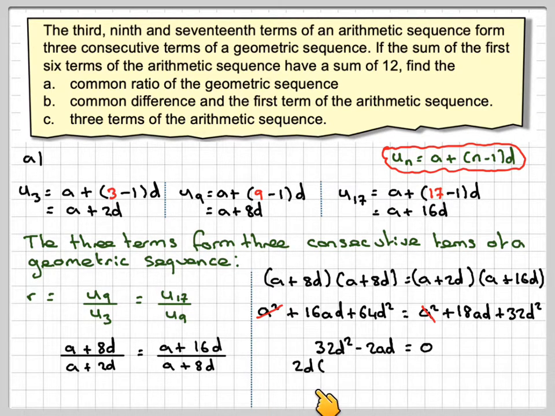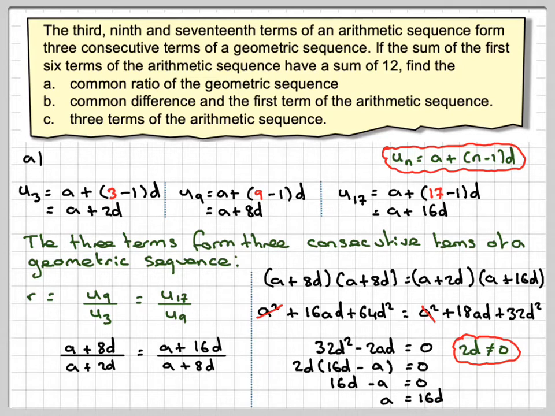Factorising out 2d, which is the highest common factor here, we're left with 16d minus a. Obviously, 2d cannot be equal to 0, otherwise we would not have an arithmetic sequence, and therefore 16d minus a is equal to 0, therefore a is equal to 16d. To find the common ratio, we just need to substitute back into either that one or this one.